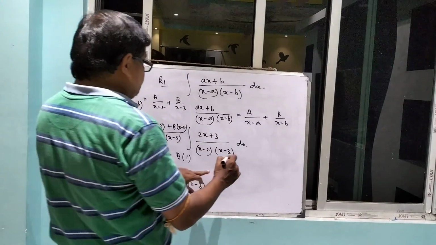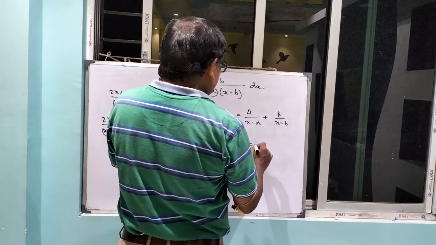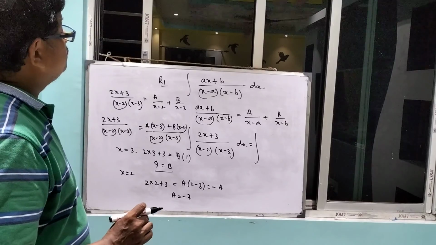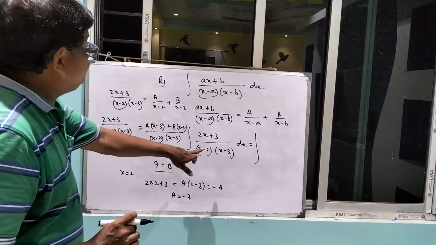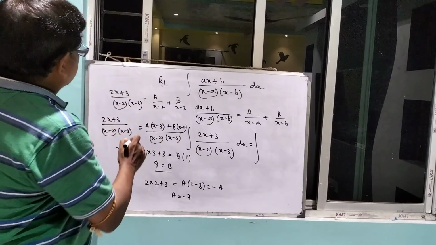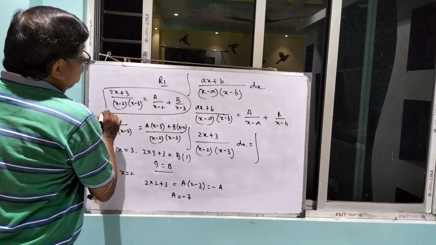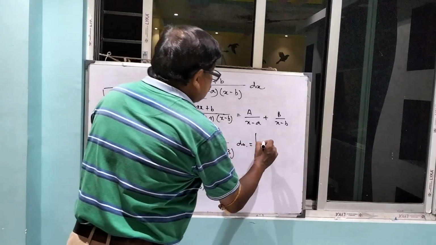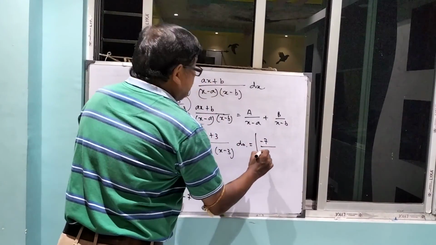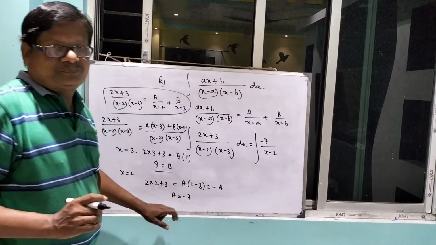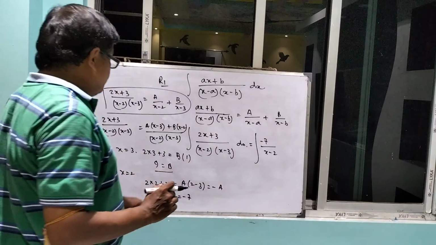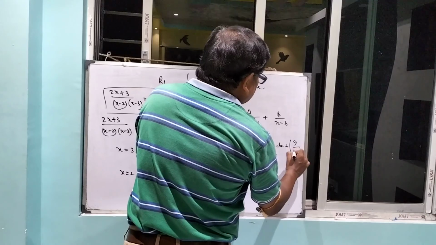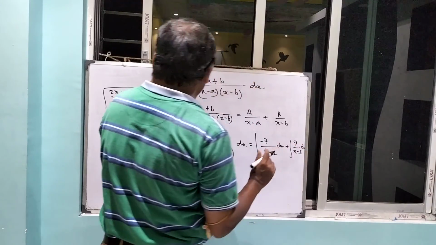Understood? So you can write the integration like this: A by (x minus a), for that A by (x minus 2). The value of A is minus 7, so minus 7 by (x minus 2) dx, and B is 9, so plus the integral of 9 by (x minus 3) dx.